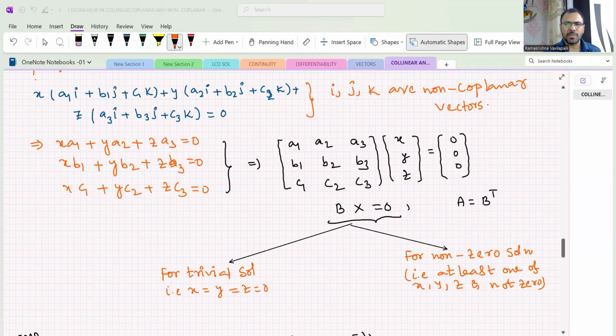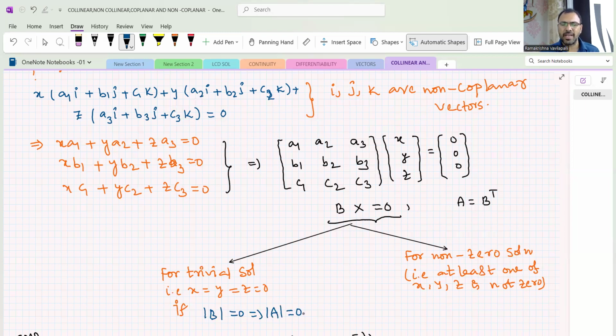Suppose this is the system Bx equal to 0. So a homogeneous system will have a trivial solution. Trivial solution means all variables equal to 0, provided that B is not equal to 0. Anyway, the determinant of the transpose is the same as without the transpose.